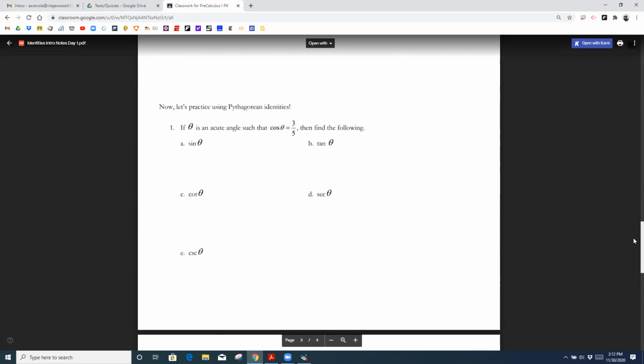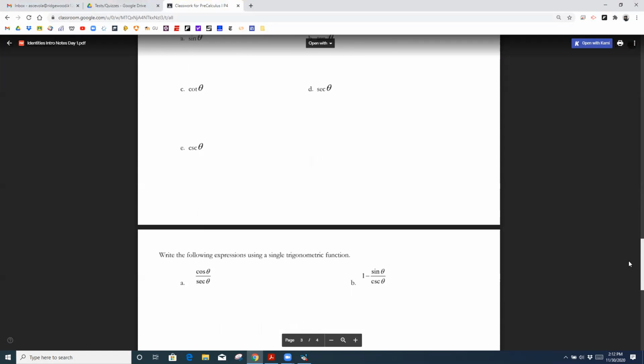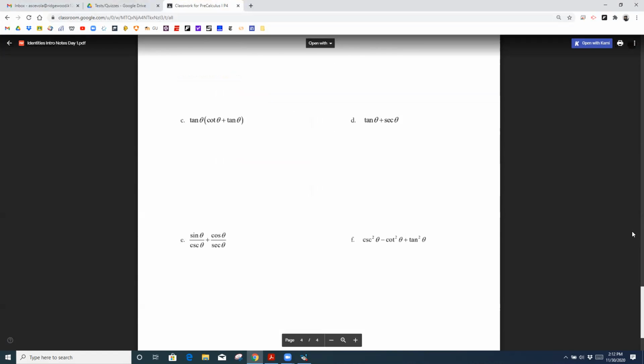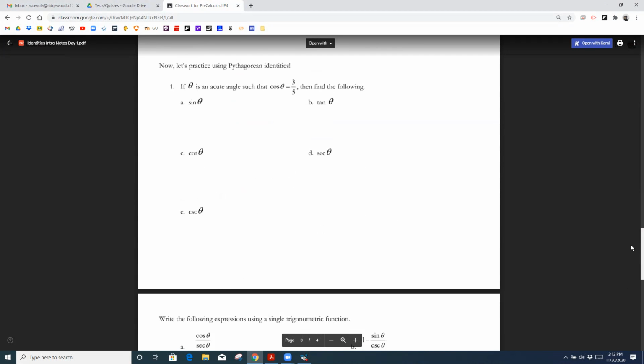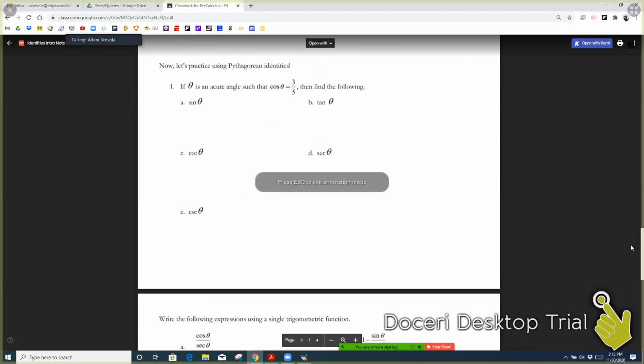All right, now let's practice using Pythagorean identities. If theta is an acute angle, then find the following. So we want to use the Pythagorean identities to do this. So let's do it. We're just doing A here.